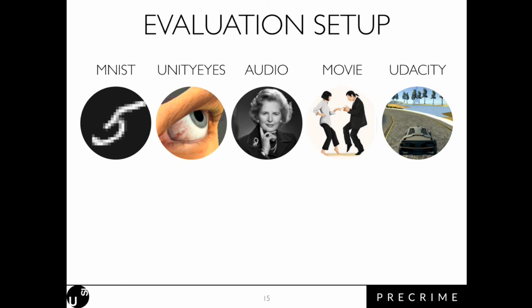Then we had a subject for eye gaze direction detection based on the UnityEyes simulator. Then we had a speaker recognition system, which, based on an audio recording, can predict who the speaker is. Then we have a movie recommendation system, and finally the self-driving car for the Udacity challenge.